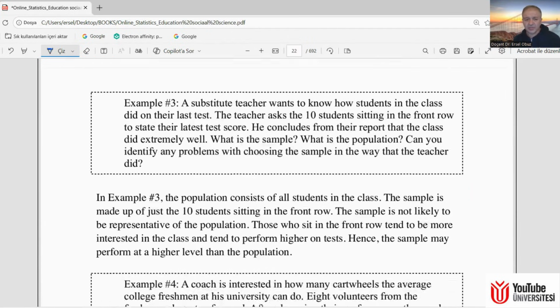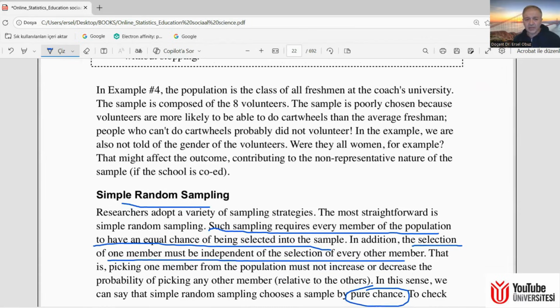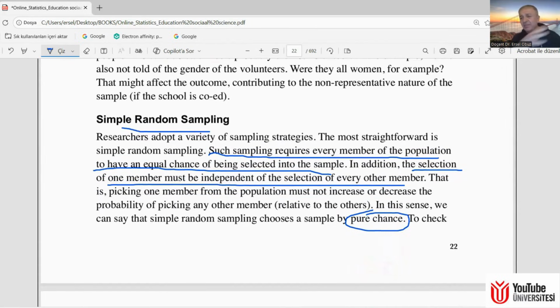Those are some more examples. We have some methods to draw the sample from the population. One of them is simple random sampling. This is maybe the most used method and the safest method. It depends on pure chance.